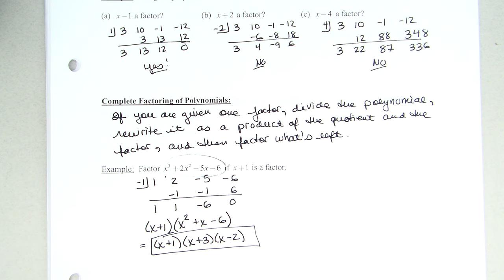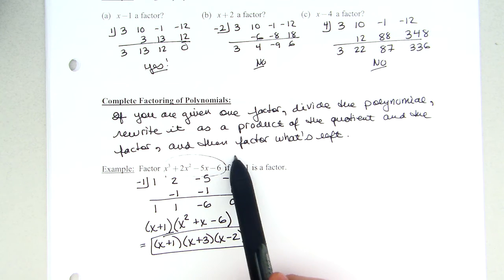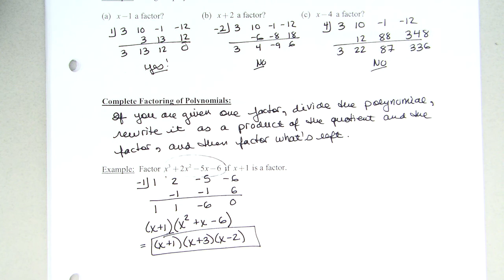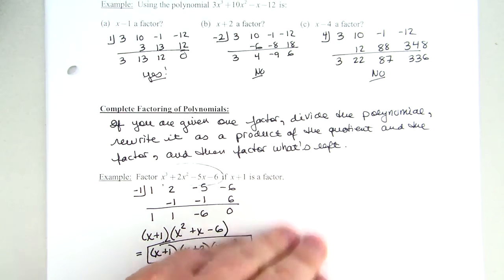I tell you 1, you divide by that. We'll write our answer as the answer we got from the synthetic division times the factor I gave you. Really, we're rewriting the original problem as that product. And then I'm just going to factor what I'm left with. This is my complete factoring. Notice we're not solving anything. This wasn't an equation. I can't solve it. I'm just rewriting it.